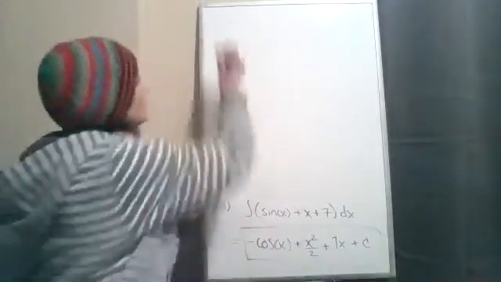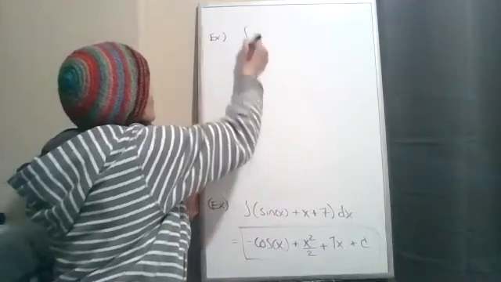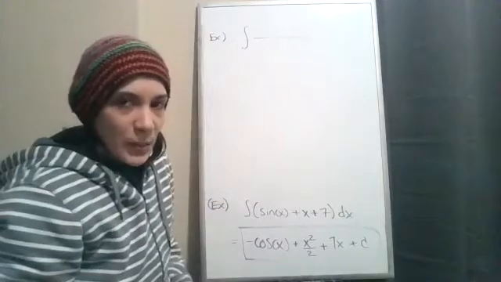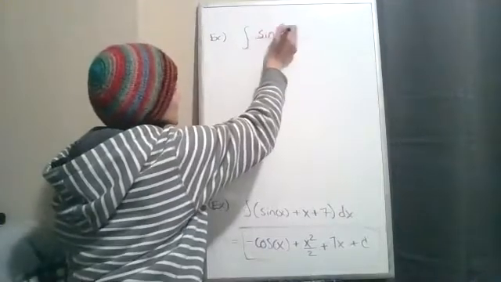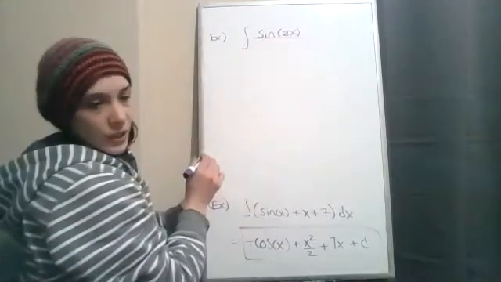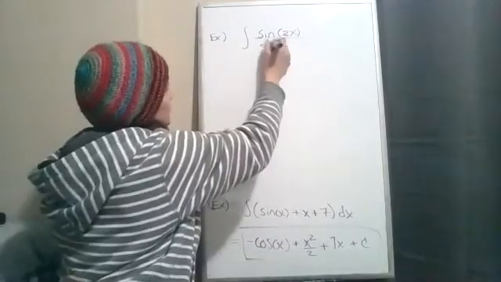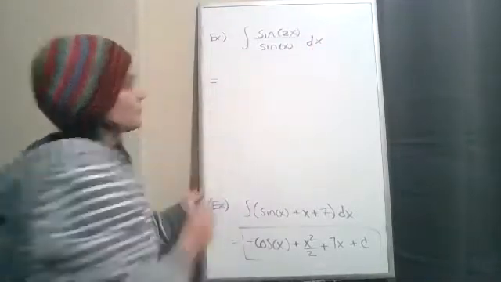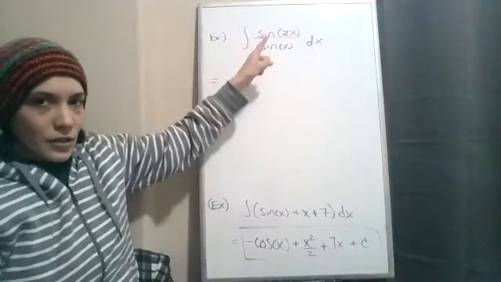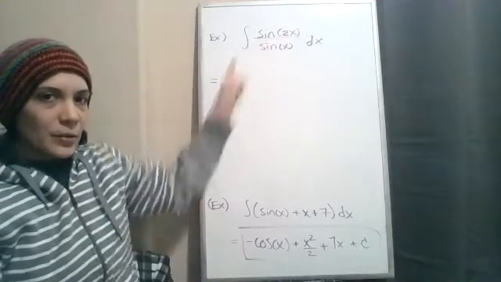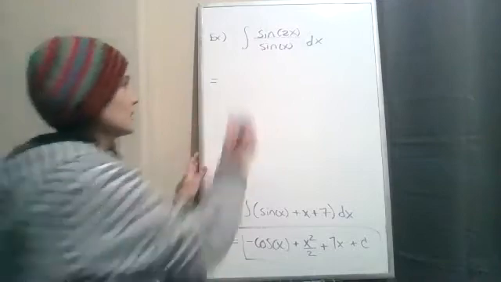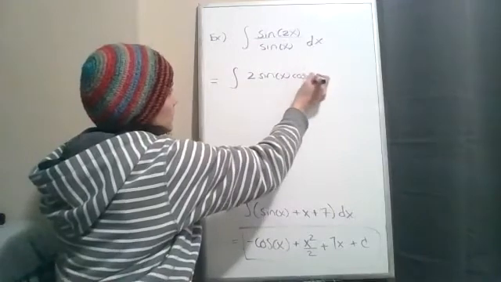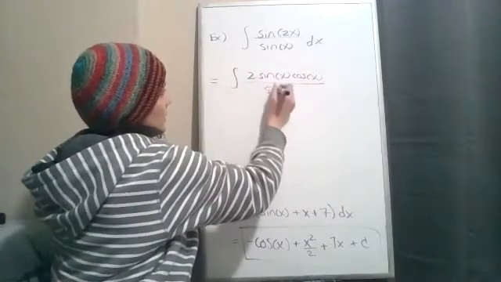This time, got the integral of sine of 2x over the sine of x dx. Okay. Trig identity for sine of 2x will be 2 sine x cosine x, all over the sine of x.